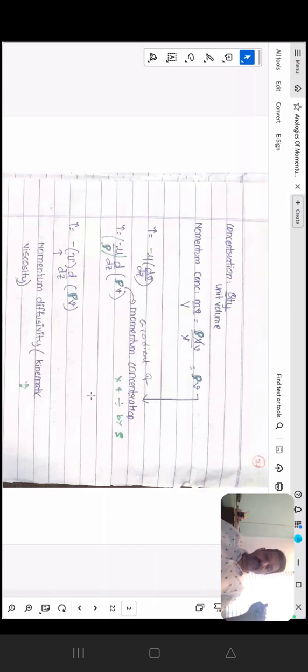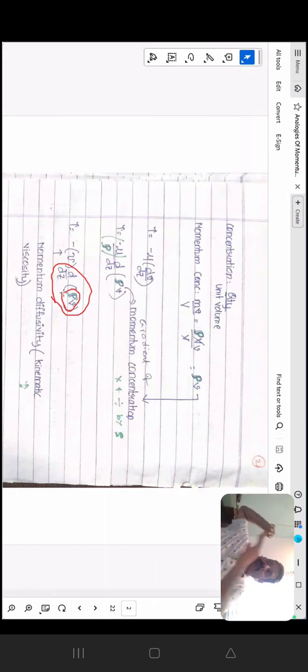Kinematic viscosity or momentum diffusivity, multiplied by the concentration gradient, the gradient of momentum concentration. What is the concentration here? Momentum concentration, that is the transfer of momentum from a higher momentum layer to a lower momentum layer. When two fluid layers collide, there is a rate of exchange of momentum from a higher momentum layer to a lower momentum layer. So it is a gradient of momentum concentration. Right?